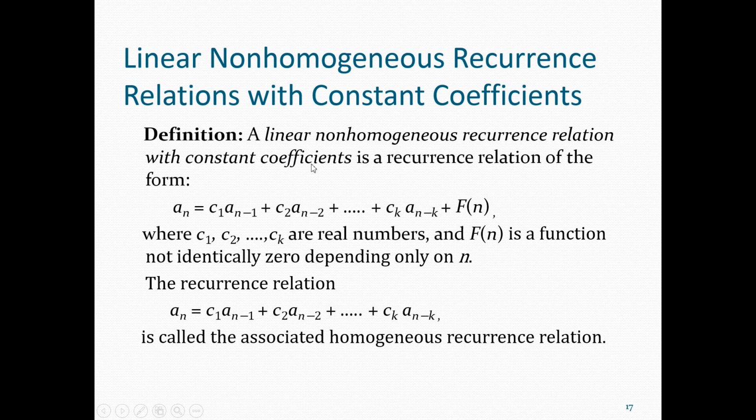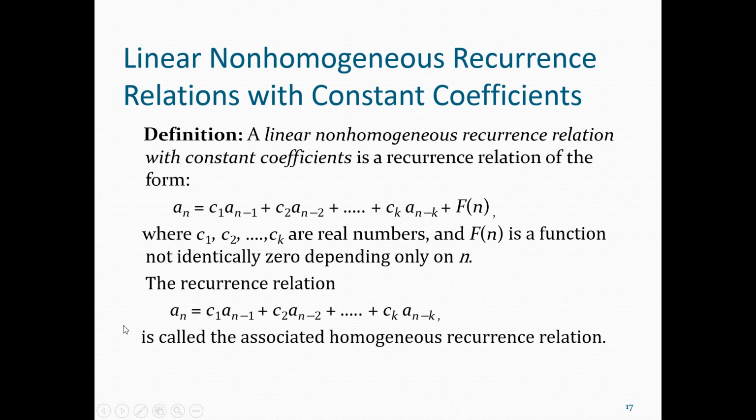A linear non-homogeneous recurrence relation with constant coefficients is a relation of the form a_n = c_1 a_{n-1} + c_2 a_{n-2} + ... + c_k a_{n-k} + f_n. This f_n actually makes it non-homogeneous, where c_1, c_2, ..., c_k are real numbers and f_n is a function not identically 0 depending only on n.